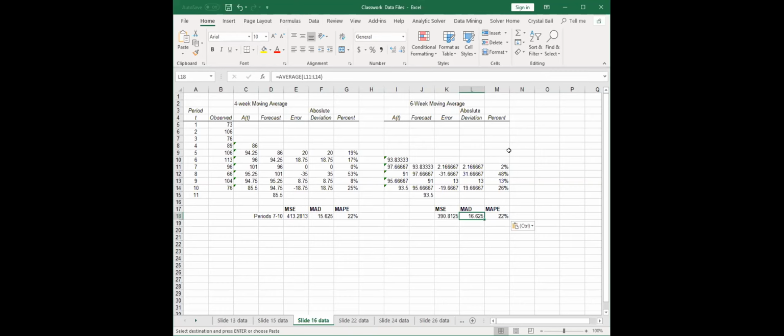And you see that in the 6-week moving average, the only numbers that have values in them are 7, 8, 9, 10 in the percentage and absolute deviation and error and forecast column. And you don't have data for periods 5 and 6 in this other area. That's why you're choosing to compare just apples to apples. Great.